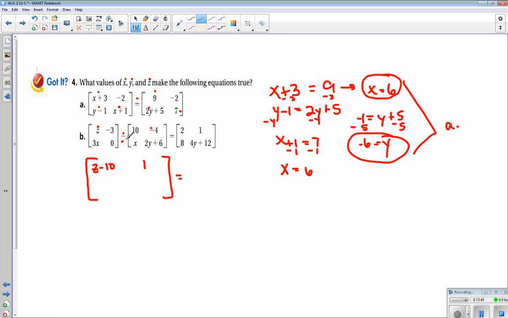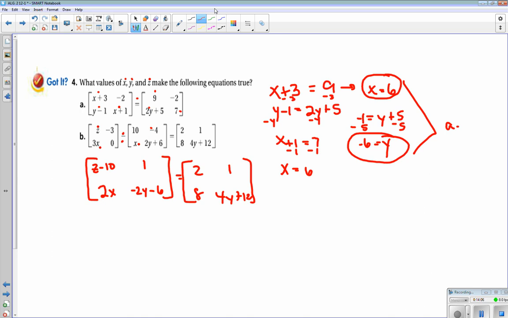I have 3x minus x, that's 2x. And I have 0 minus 2y, sorry, negative 2y minus 6. And we know it is equal to 2, 1, 8, and 4y plus 12.